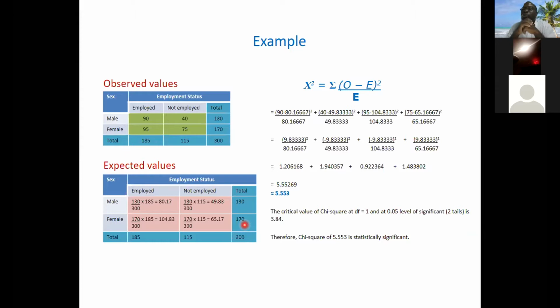So the difference between what you observe and what you expect: is it much? If the difference is not much, that shows there's no difference between them, because the statistic is just quantifying the difference between the observed and the expected.